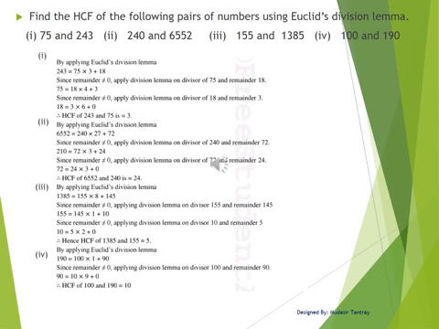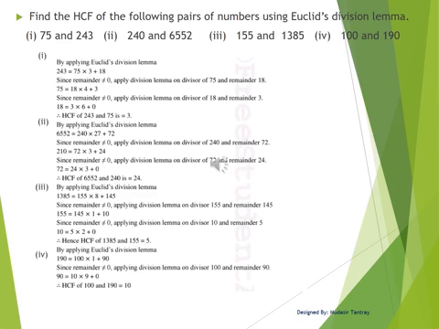Third one, it's 155 and 1385. Here A is 1385 and B is 155. You have to apply Euclid's division lemma. Then 1385 is equal to 155 into 8 plus 145. Since remainder is not equal to 0, apply division lemma on divisor 155 and the remainder 145.